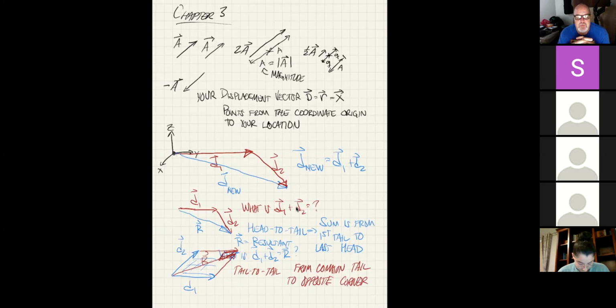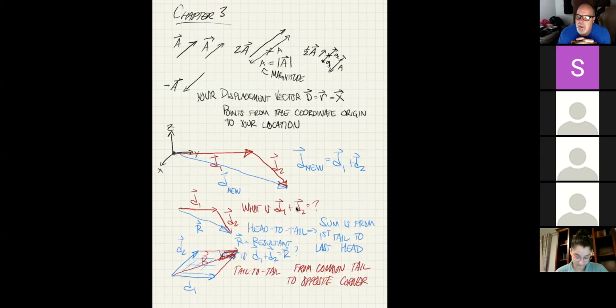I told you if you multiply a vector by a number bigger than 1, then the magnitude becomes the original magnitude times that number, but the direction doesn't change at all.